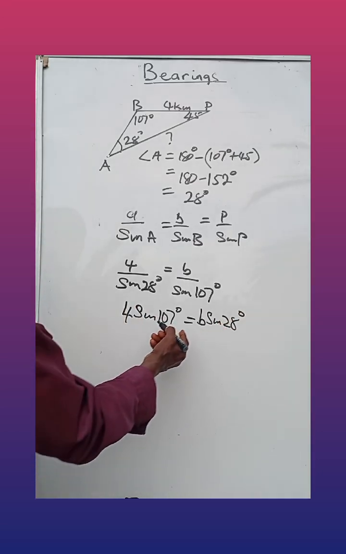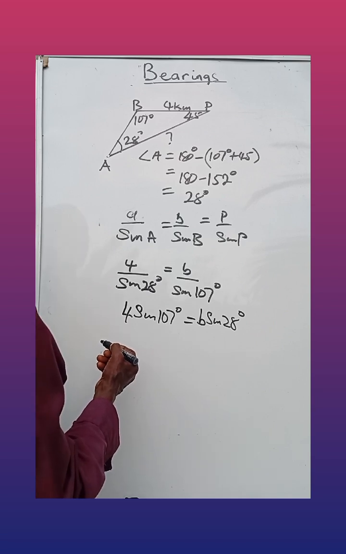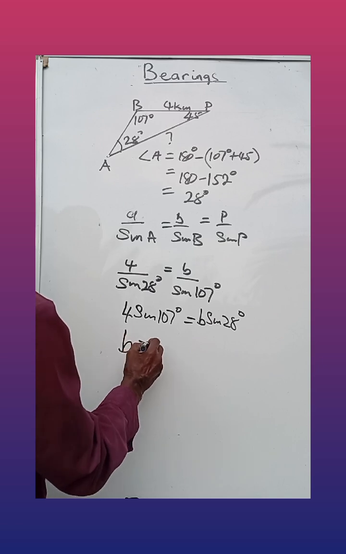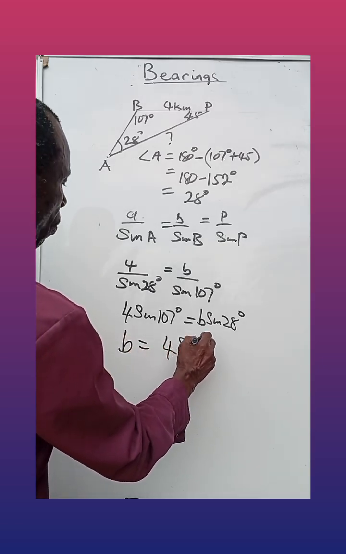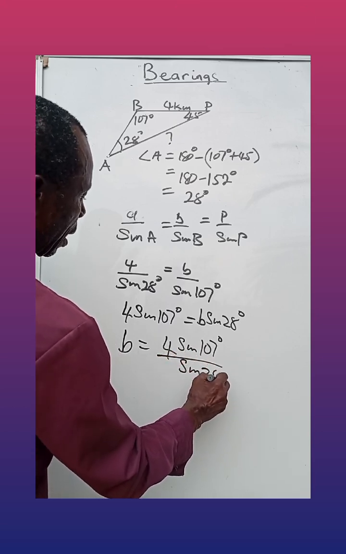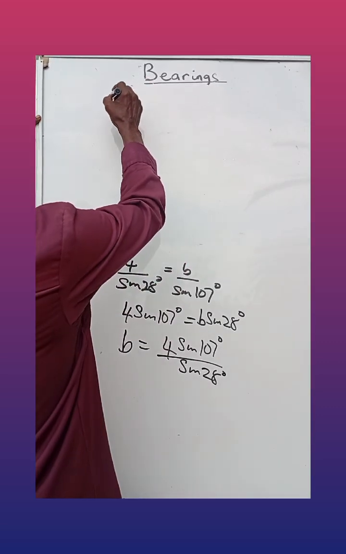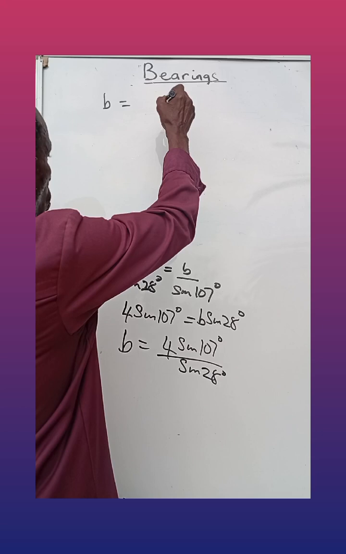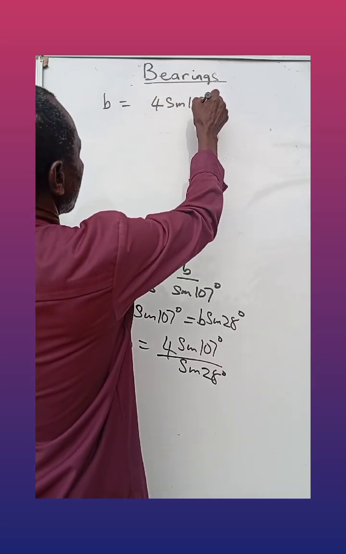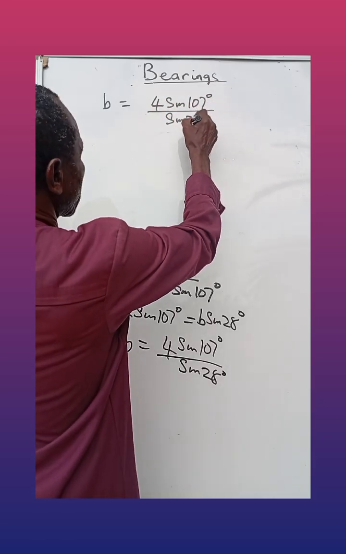So from here, I solve for b by dividing through by sine 28 degrees. So I have b equals 4 sine 107 degrees over sine 28 degrees.